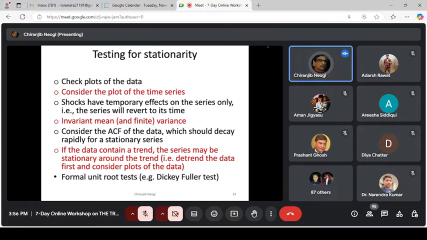Consider the autocorrelation function of the data, which should decay rapidly for a stationary series. If the data contain a trend, the series may be stationary around the trend. These are some informal tests, and formally I have the unit root test. One most common test is to consider the autocorrelation function.